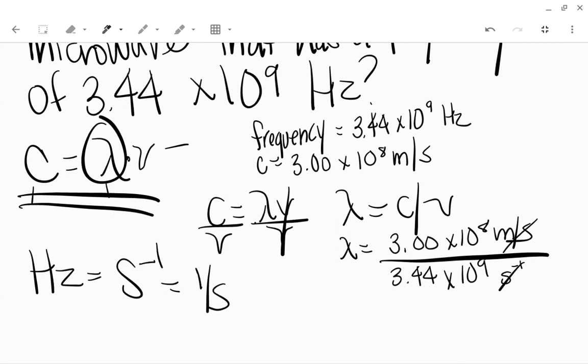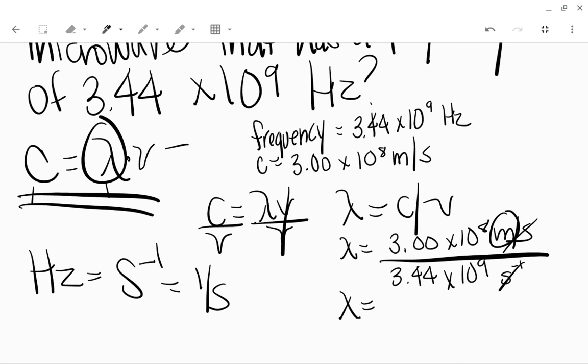So again, I have here 3.00 times 10 to the 8th power divided by 3.44 times 10 to the 9th power. The units for seconds have canceled out, leaving me with only meters, which if I double check my work, seems to be correct, because that should be the only unit left when we're talking about frequency and wavelength.